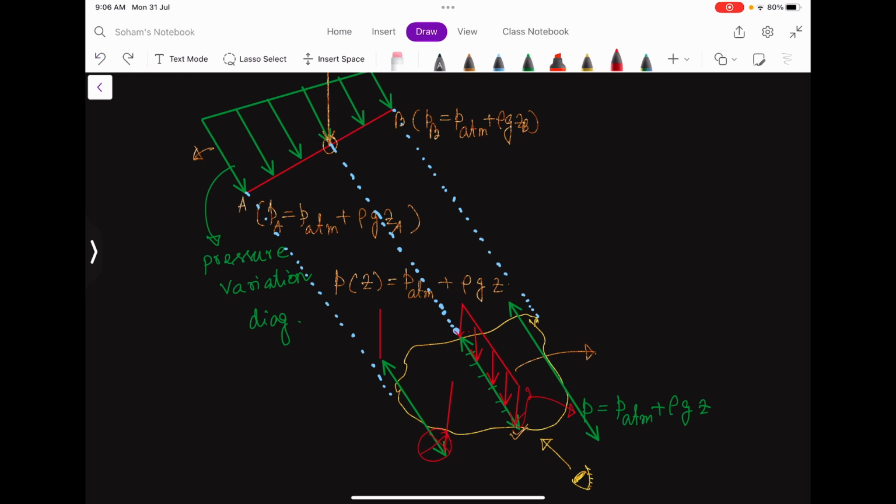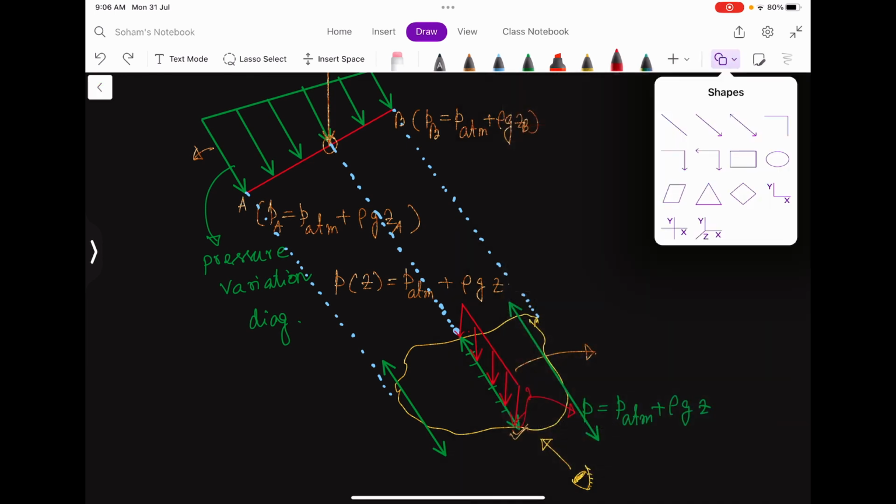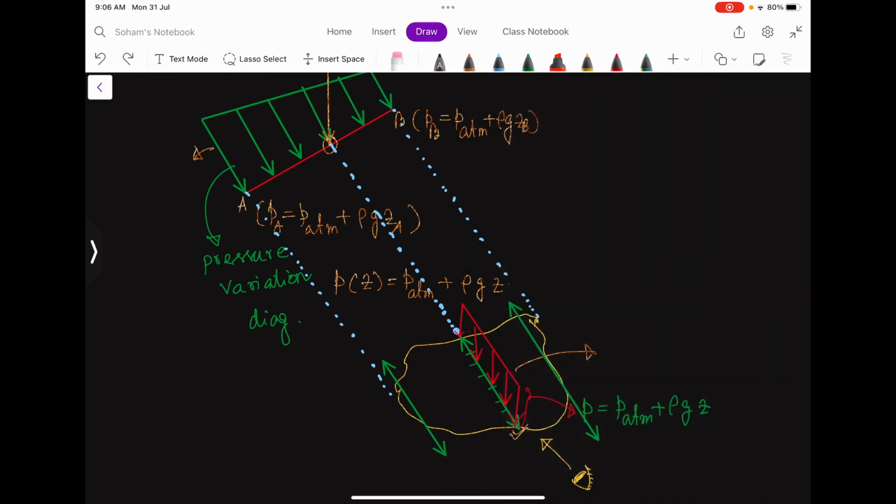So let me just remove it. The diagram will extend to this part only, this one and this one. Let me join these two to form a rectangle.